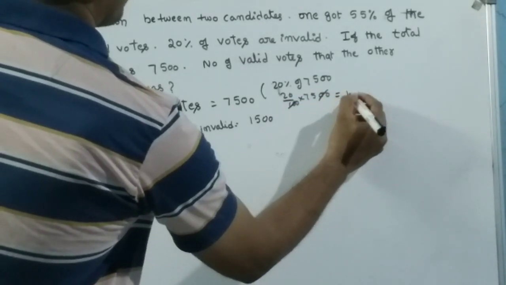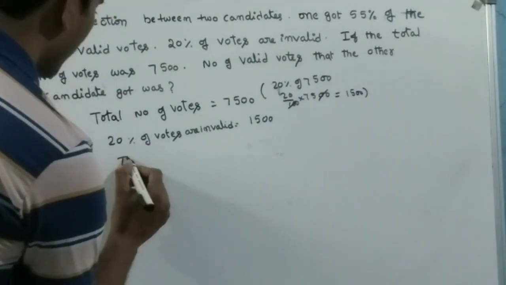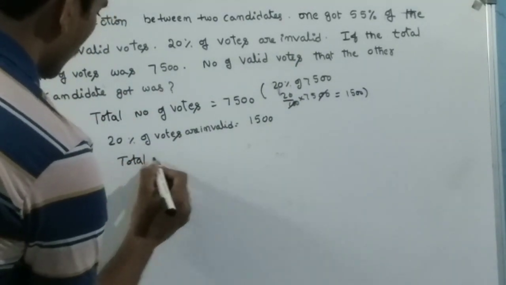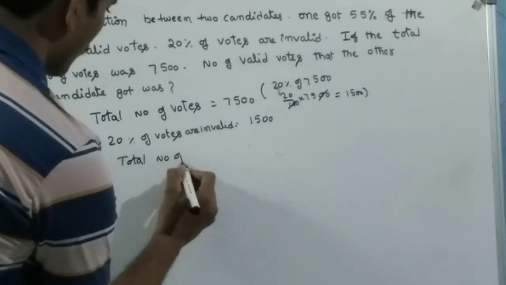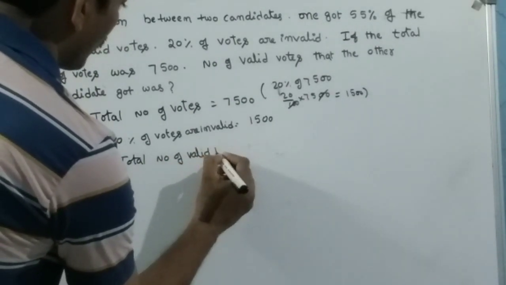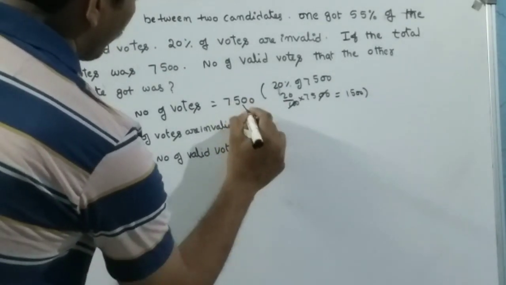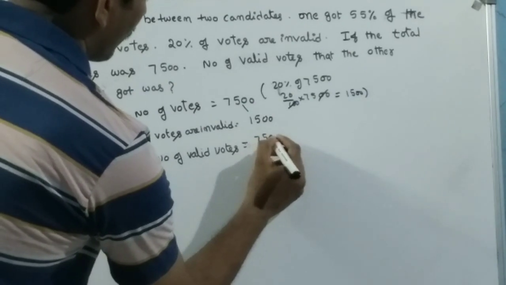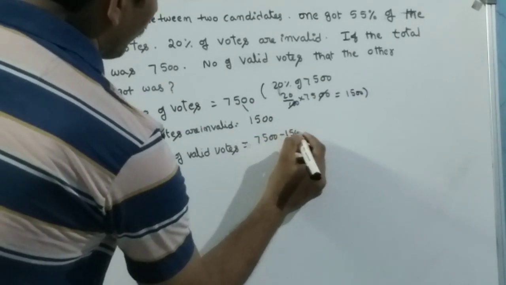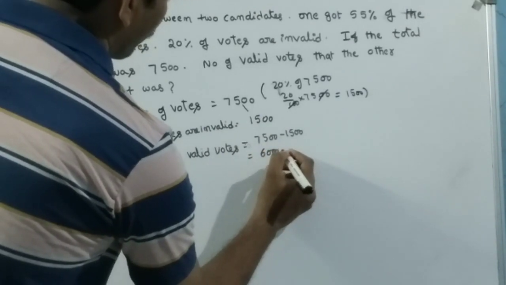This is 1,500. Now total number of valid votes: 7,500 minus 1,500 equals 6,000.